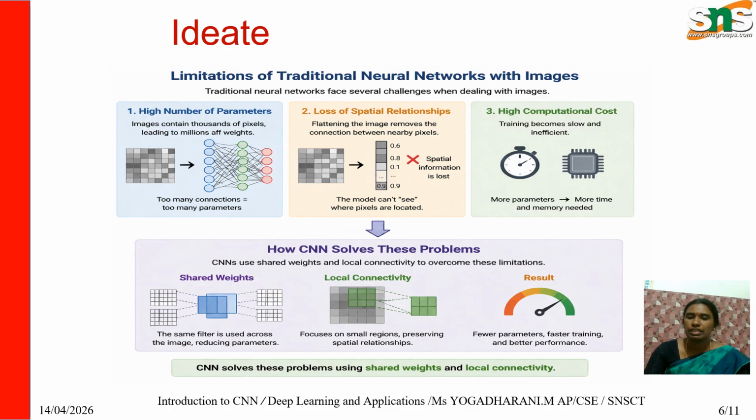The first one is edge detection. CNN first identifies edges and boundaries, and it detects horizontal, vertical, and diagonal lines. Example: the outline of a face or objects.